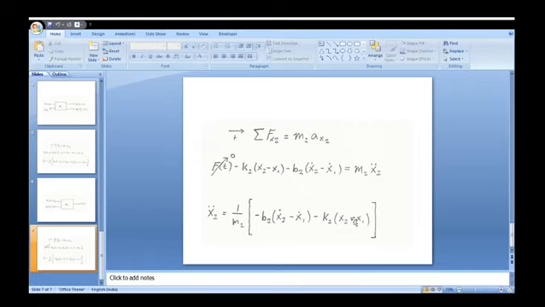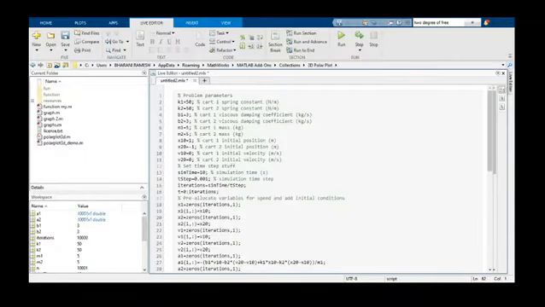So how will we solve this in MATLAB? I wrote code for this in MATLAB, which I will show.